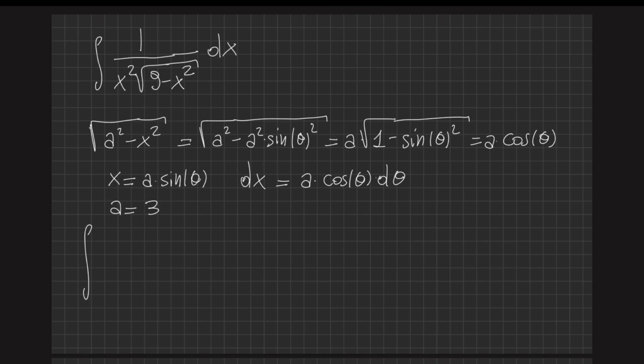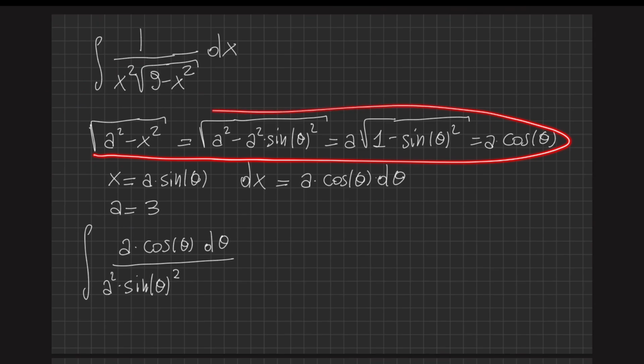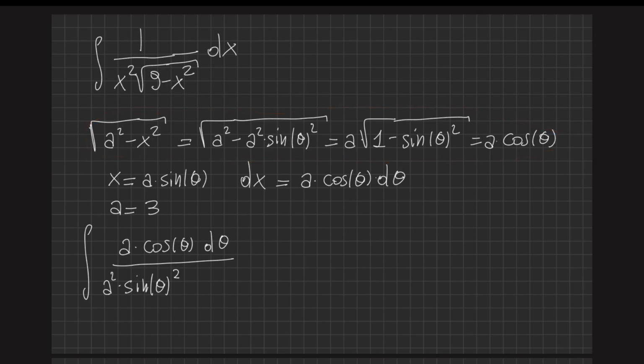Perfect. So let's do the substitution. We're going to get the integral of dx, which becomes a times the cosine of theta d theta, over x squared, which is a squared times the sine of theta squared. And now 9 minus x squared, we have seen in this chain of equalities, is going to be equal to a times the cosine of theta, and for us a is equal to 3.